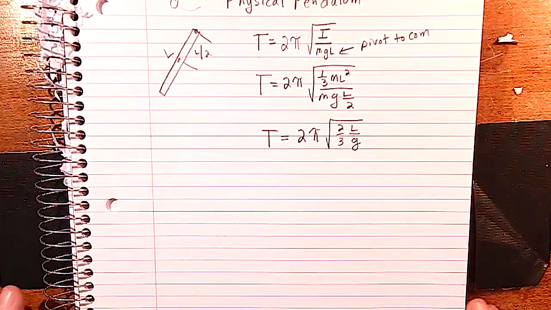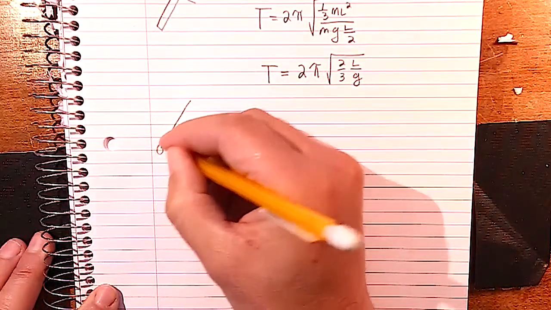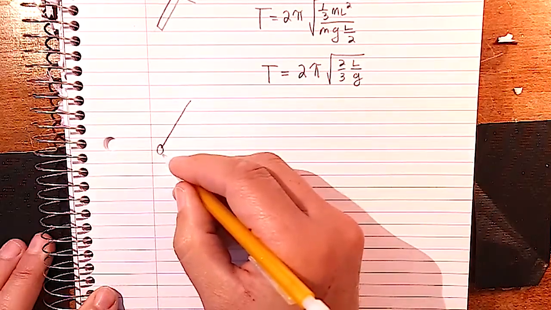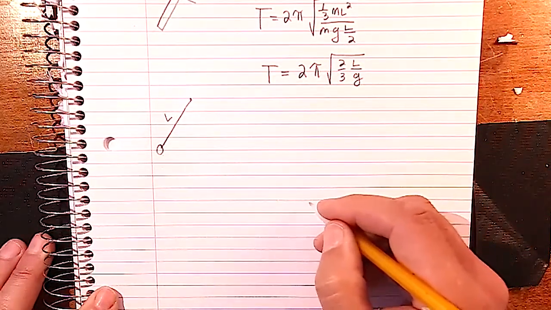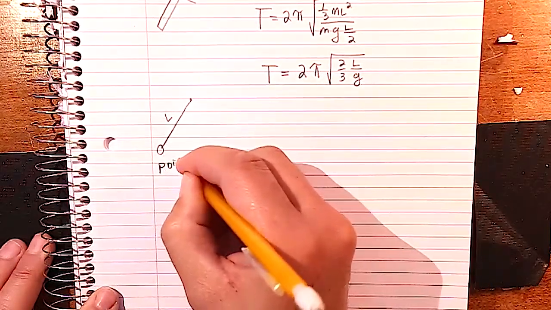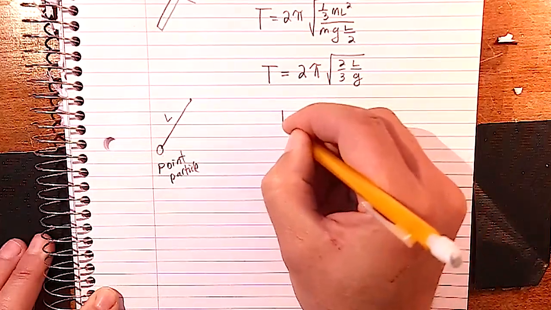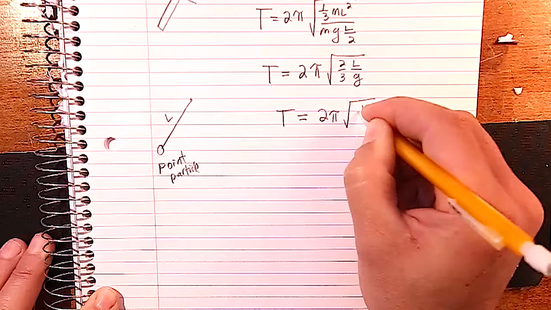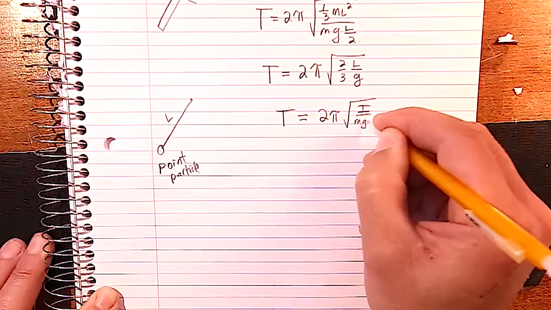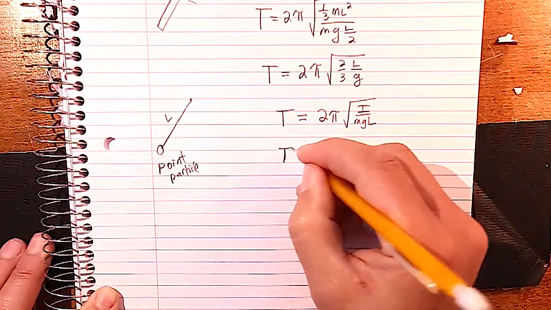So it's pretty simple. But let's do this one more time, but let's do it for a pendulum with a mass at the end of a string of length L, because you're going to see what happens, because this is acting as a point particle. So our formula is, again, T is equal to 2 pi radical I over mgL. And what is I in this case?